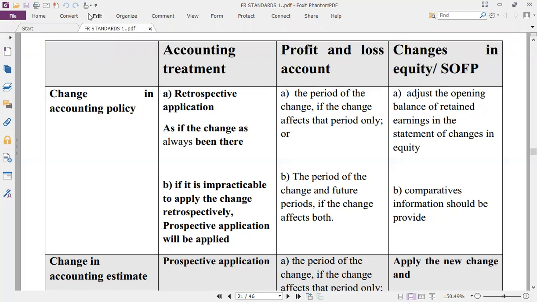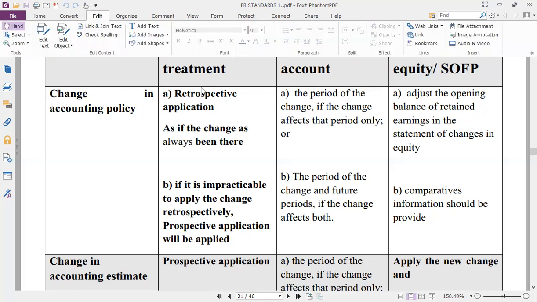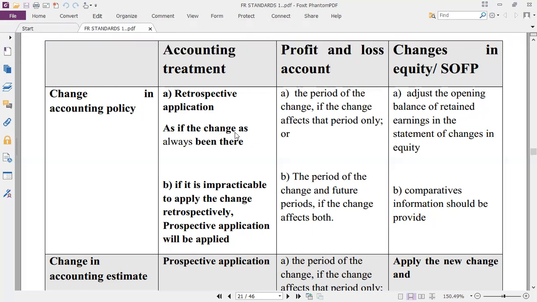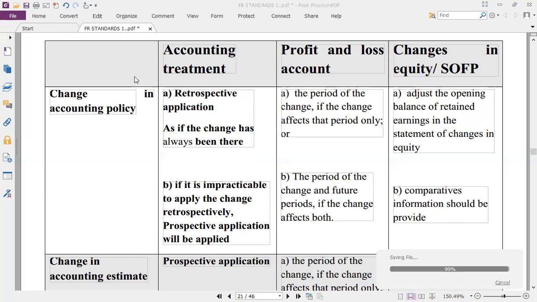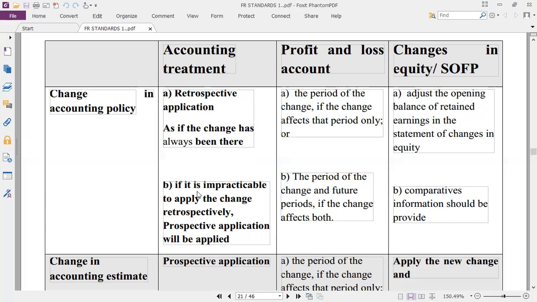Good, the change has always been there. Okay, so that's green. Now in the profit and loss, here too, that's the first treatment.